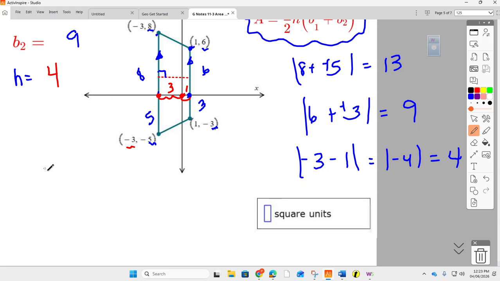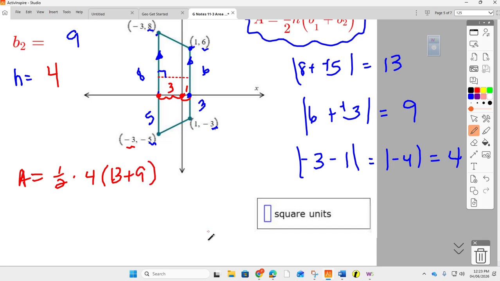Make sure you're looking and picking out your formula. So you do as I say, not as I always do. The area is 1/2 times the height of 4 times the sum of 13 and 9.